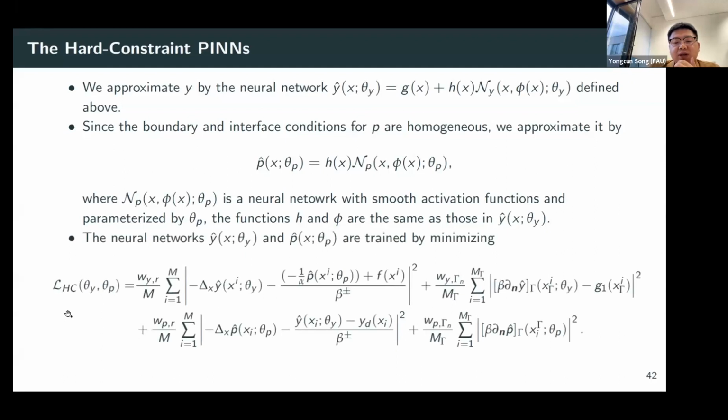With these two neural networks, y hat and p hat, we can apply PINNs to solve the elliptic interface optimal control problem by minimizing the following loss function. Compared with the soft constraint PINNs, where there are 8 terms and we need to select 8 weights, here we only need to handle 4 terms, and it is much easier to train.